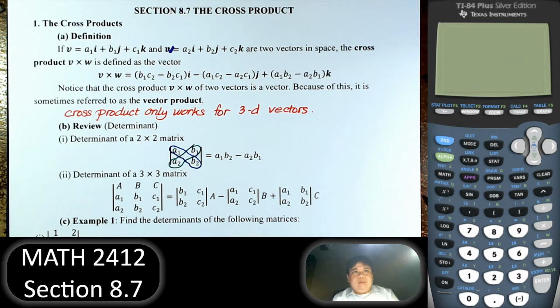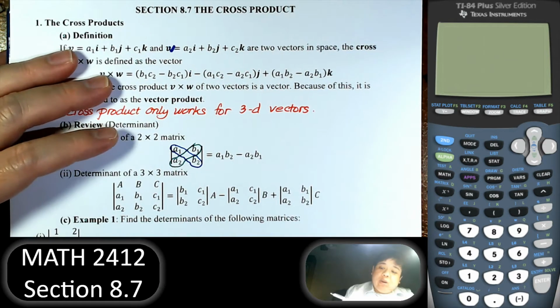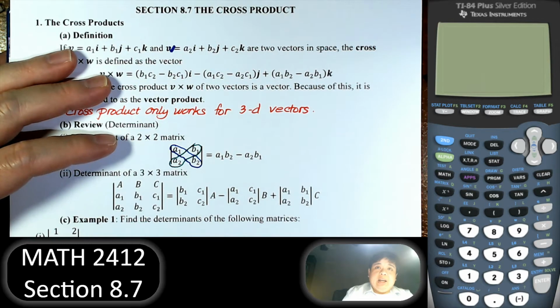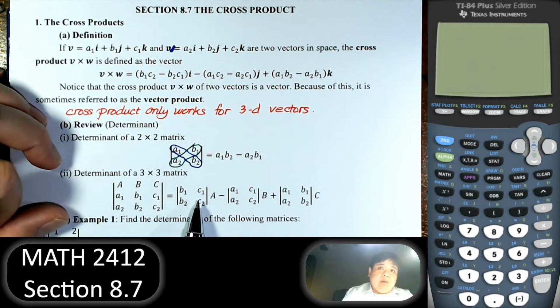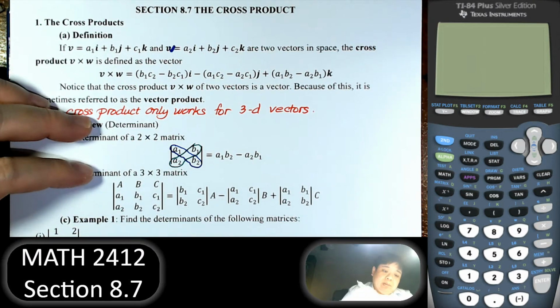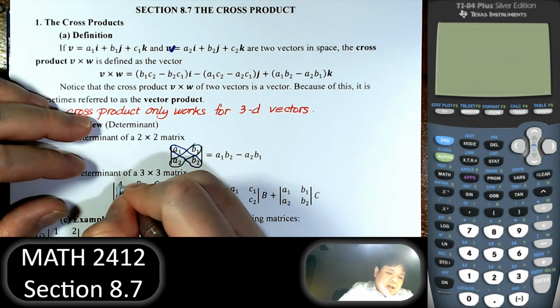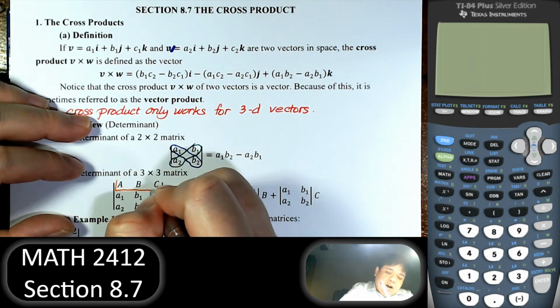Now for 3x3, there are a lot of different ways to evaluate a 3x3 determinant. What we do here is use the cofactor or the minor expansion. The thing is, we can pick any row or any column.